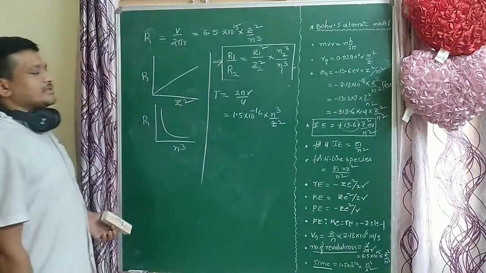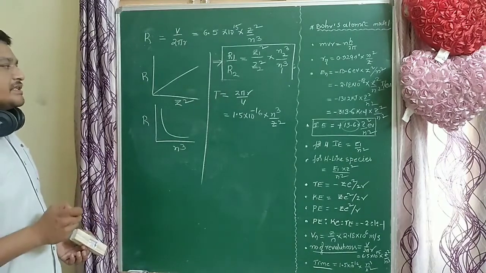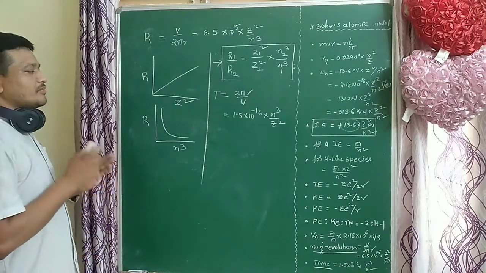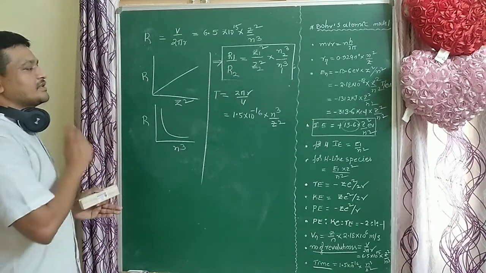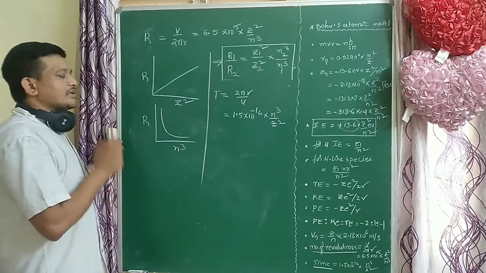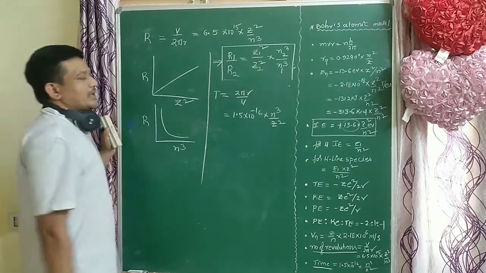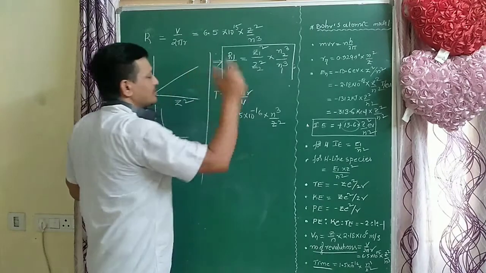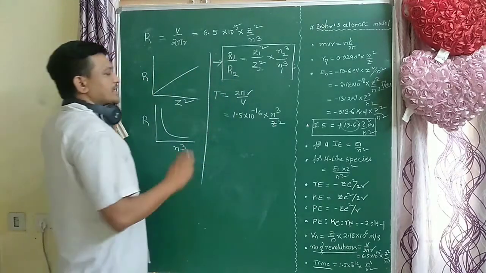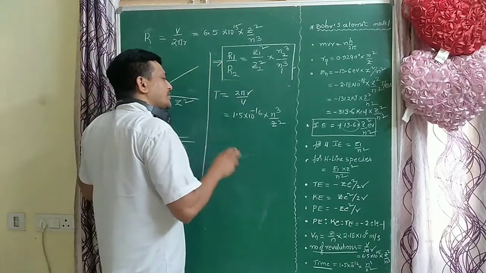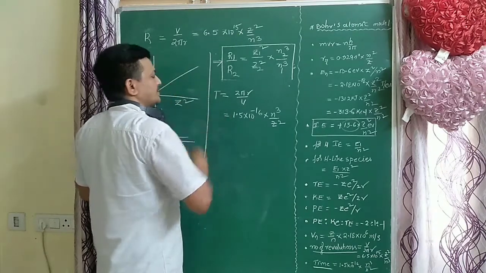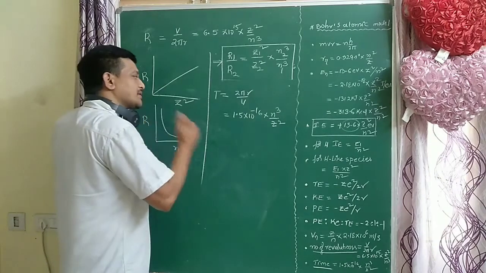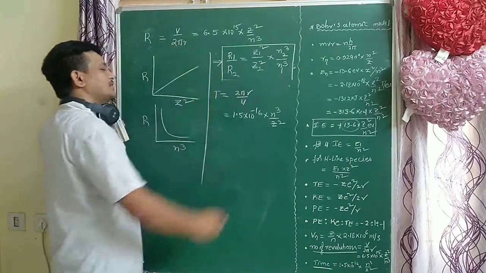Here as n value increases, time per revolution increases. For each revolution, time increases with increase in n value. As Z value increases for a particular orbit, time decreases. For each revolution, time decreases with increase in Z value.